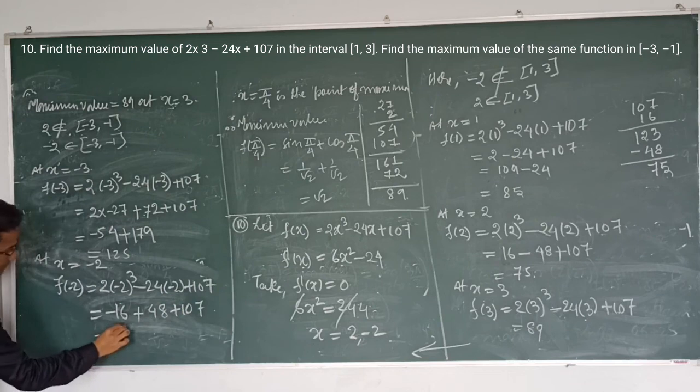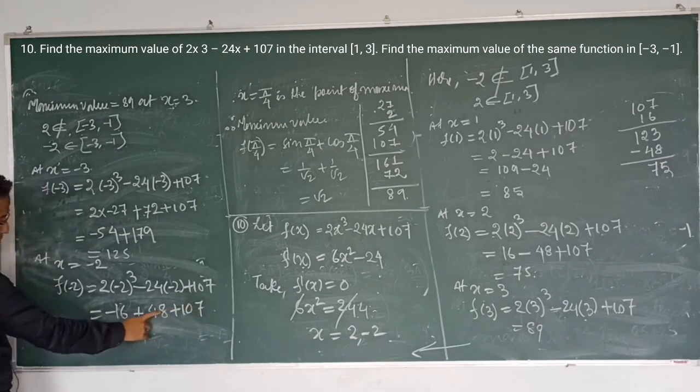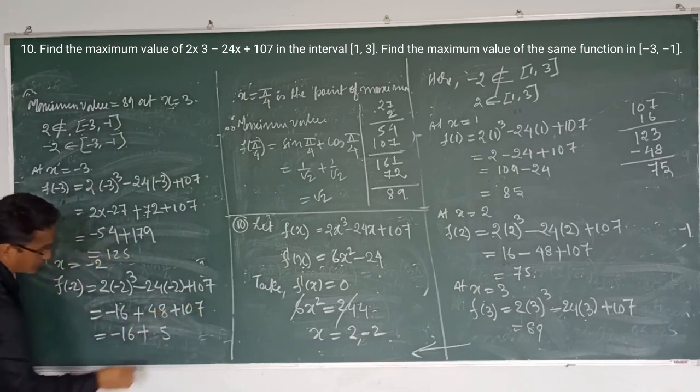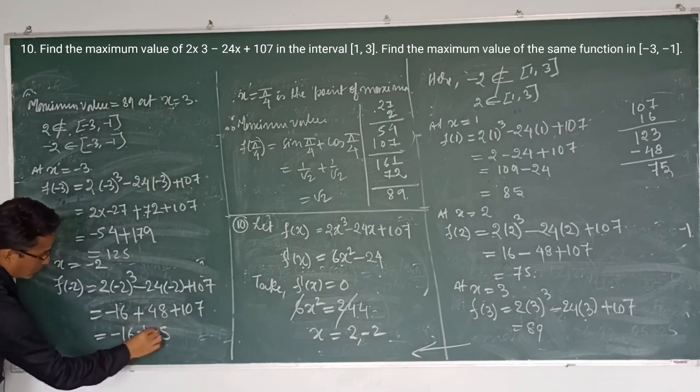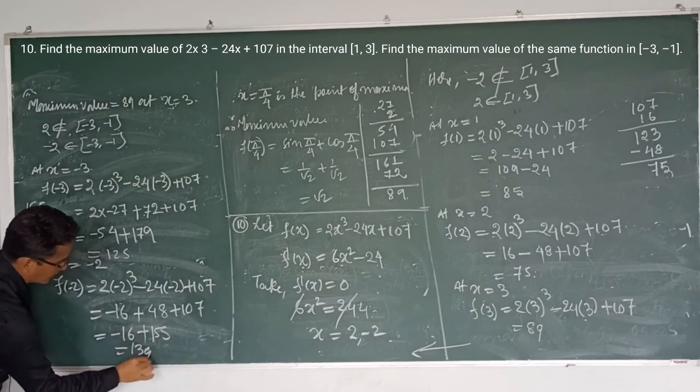This is minus 16 plus 48, 8 plus 7, 8 plus 7 is 15, okay, 15, 4 plus 0, then 5, 155 minus 16, then 16 is what, 15, that means 9, okay, 9, this 5 4 minus 1, 4 minus 1, 3, 139, this is 139.